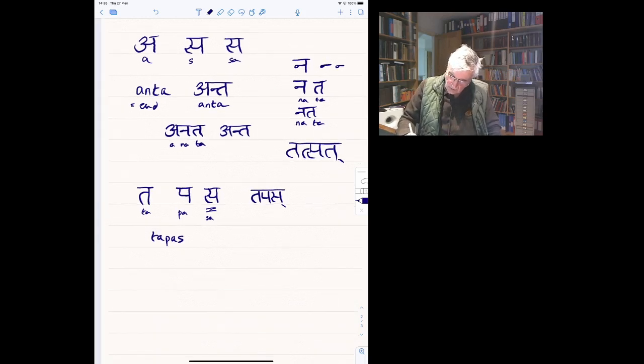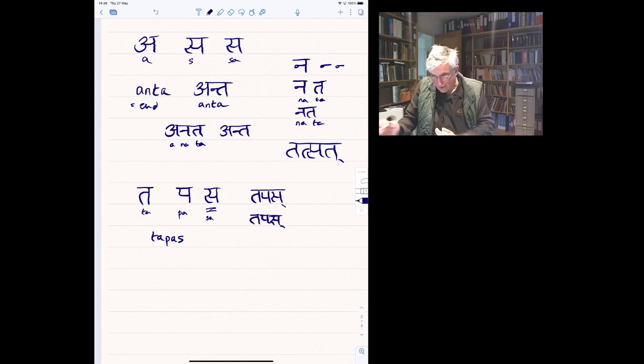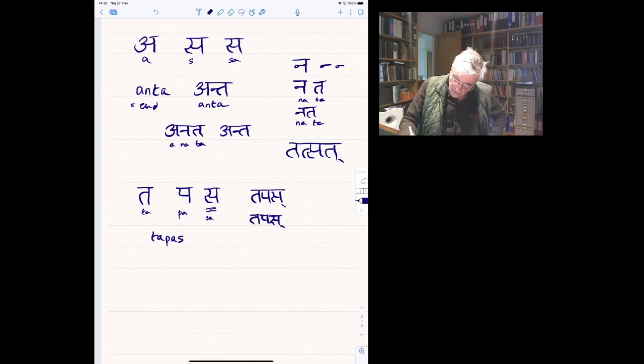Some people will write the crossbar separately for each letter: ta, pa, tapas, like that. The way I learnt to do it was, you write the crossbar as soon as you come to the point where it stops, even if it spreads over several words. Again, it's a matter of style. I prefer to write it as one single line, because then you avoid these little breaks. Not that it really matters, it's purely a matter of style.